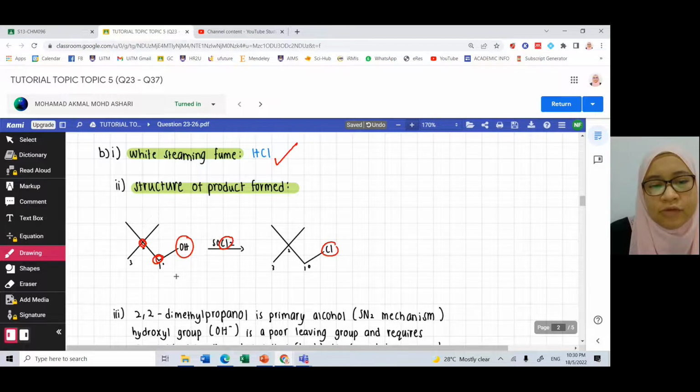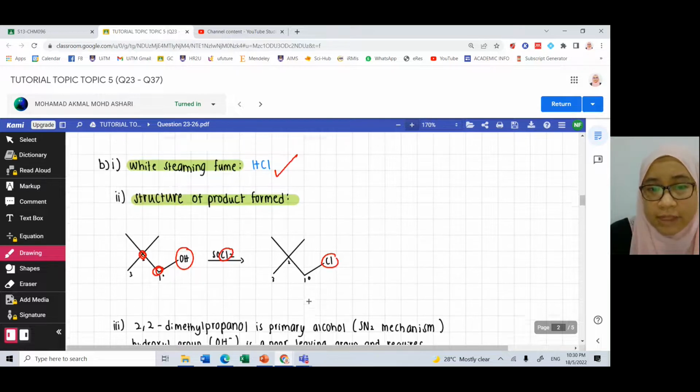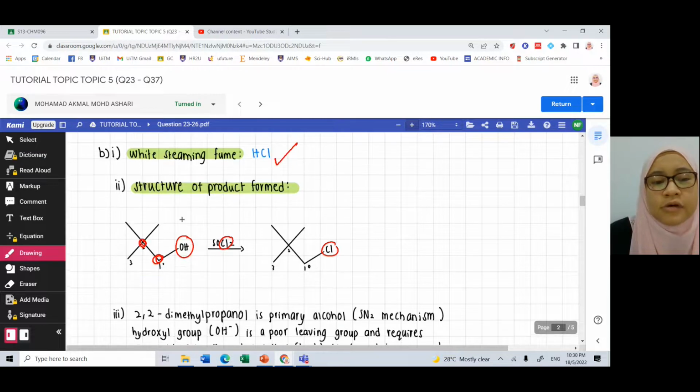It's just that it will proceed with SN2 reaction. So what will be the product formed? Because the question asks for the product, draw the structure of the product formed. So exactly as what we have earlier, the starting compound, just that the OH is now replaced with Cl. That will be your product formed. So this is correct.